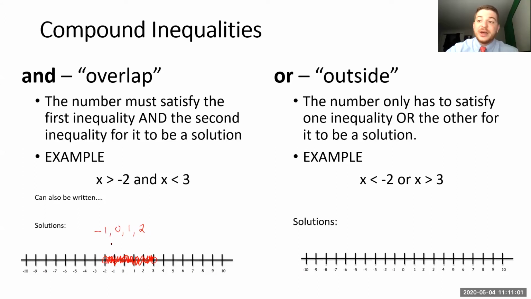Okay? Now, the other thing that you need to understand is that an and inequality is usually not written with the word and. So when you see a compound inequality that's an and, chances are you're not going to see the word and. You're actually going to see it written with just one variable. And the reason you can do that is that you can sandwich it in between.